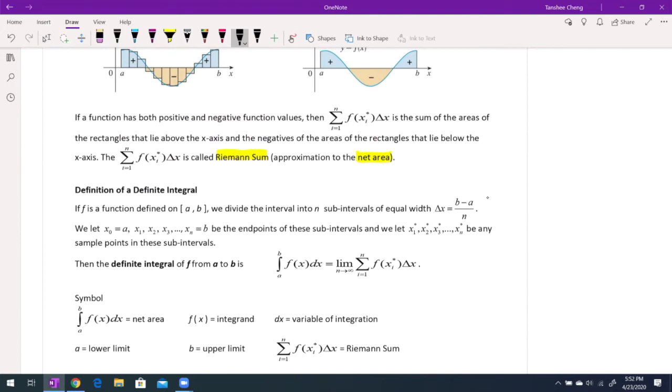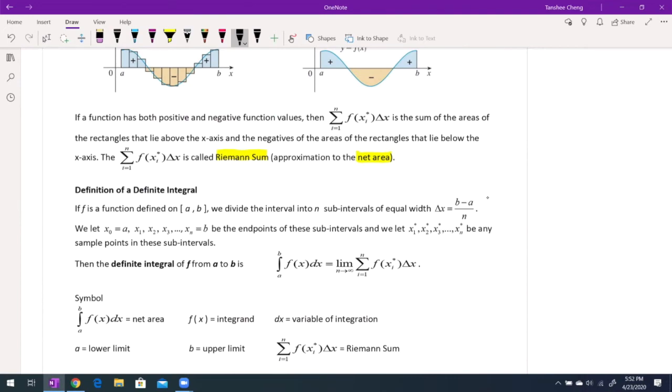Therefore our delta x, the equal increments, will look like b minus a over n, b minus a over n, with the beginning point x sub 0 as a, and the end point of the interval x sub n equal to b.